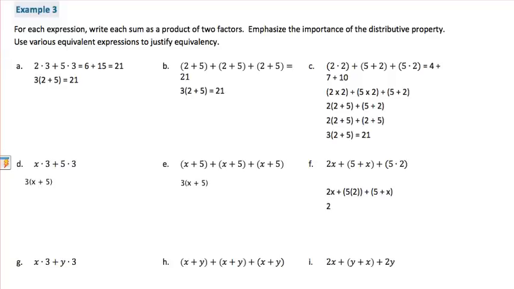So if I factor out a 2, I would have 2 times (x plus 5), and then plus 5 plus x. And we know from our previous problem up above that we could rewrite this 5 plus x as x plus 5, and then it would look very much like our other term. And then, of course, now we have 2 times (x plus 5) plus another (x plus 5), and that is 3 times (x plus 5).